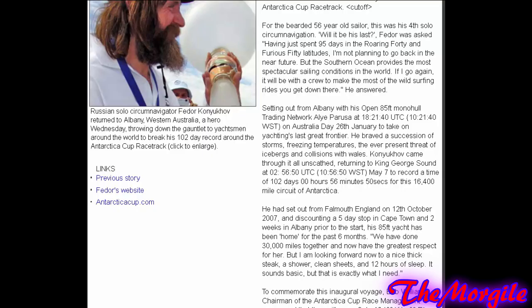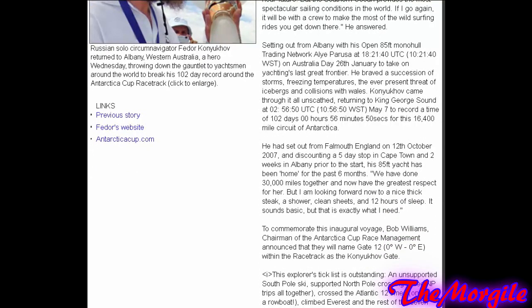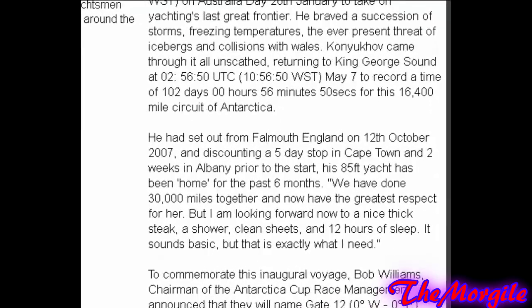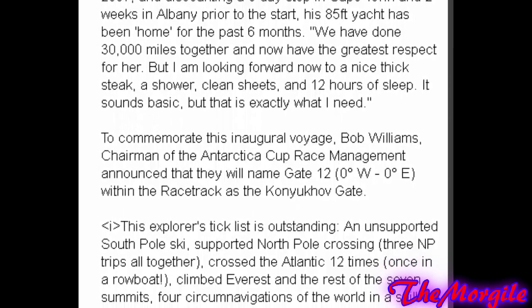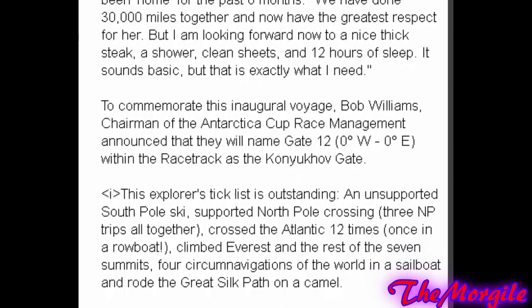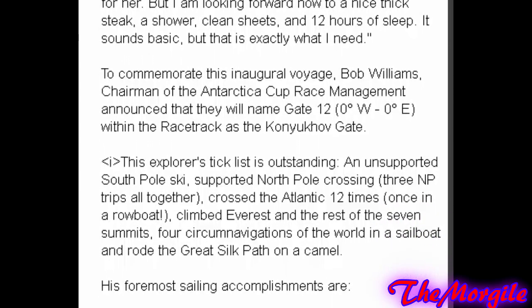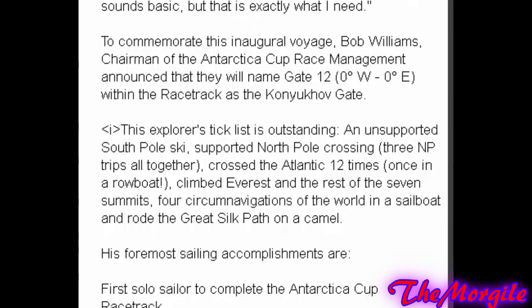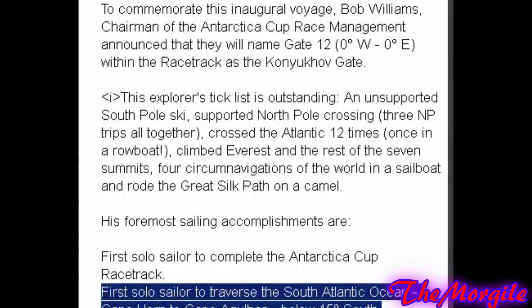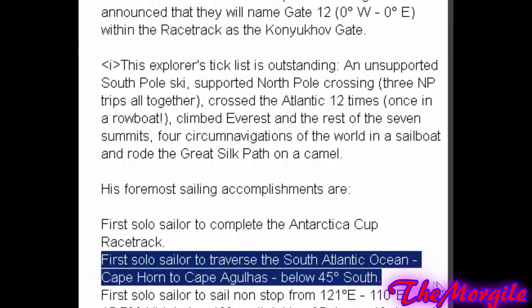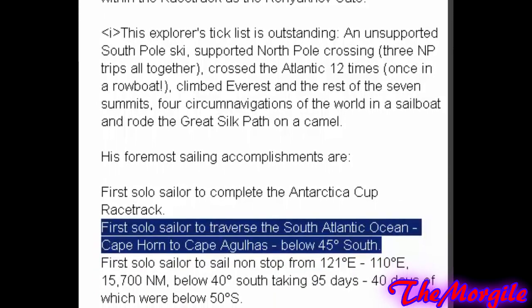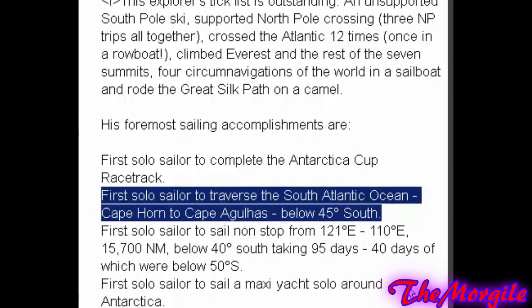south. And so the claim that the Antarctic has been circumnavigated east to west, and using proof like the Antarctica Cup Challenge and Fedor Konyakov, is absolutely out of favor with the globe. In fact, Fedor Konyakov is a several-time competitor of the so-called Antarctica Cup Challenge, which happens periodically.